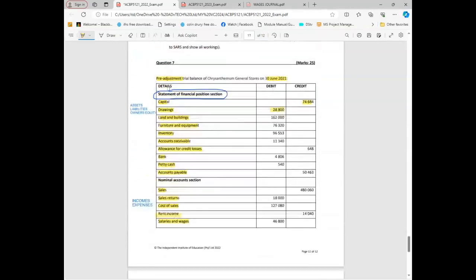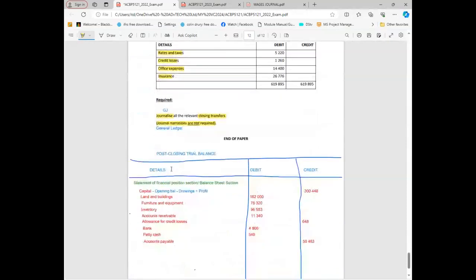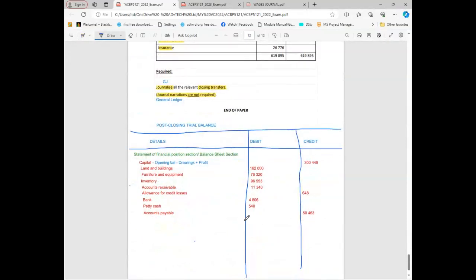Can you see we used everything now? Yes, sir. So the only thing that is left is for us to add or total, and then it must balance when you total here. Okay, so let me just add.